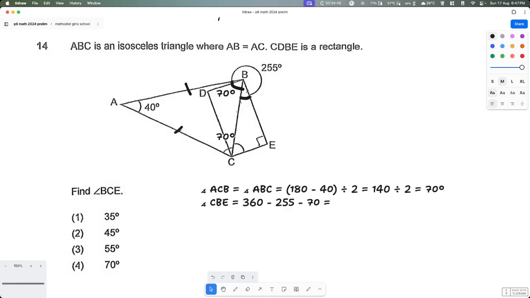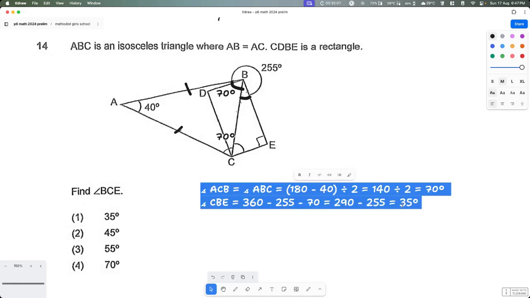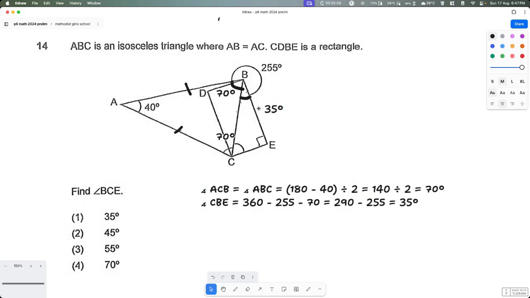Okay, 360 minus 70, yeah, correct, is equal to 290 minus 255, which is equal to 35 degrees. Right? So this one is 35 degrees.